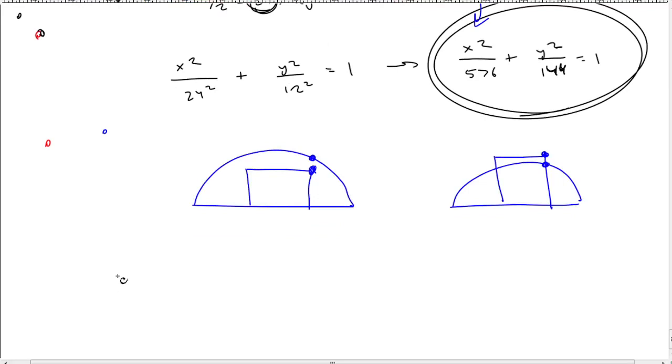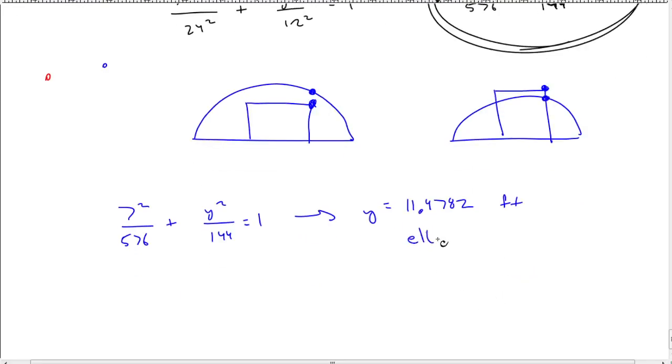So plugging in the 7, we get a y value, lots of math, I'm not going to go through it all, of 11.4782 feet. So that is the semi-ellipse height. And so what I'm looking at then is right here.